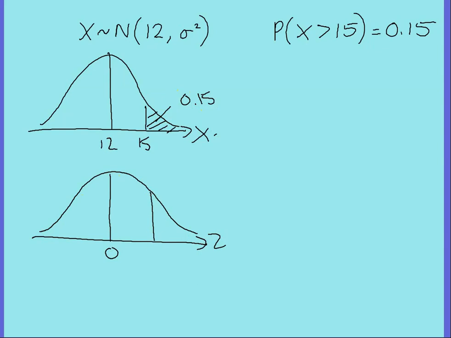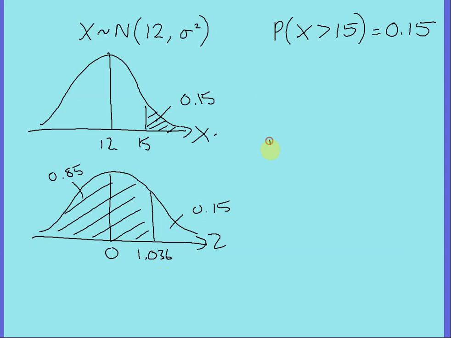So we need to work out how many standard deviations above the mean is 15. Now, I'm going to shade in the other bit because when we use our calculators, we're always interested in cumulative. So this is 0.5, this is 0.15. So calculators ready, menu 7, inverse normal, area is 0.85, and this tells me it's 1.036 standard deviations above the mean.